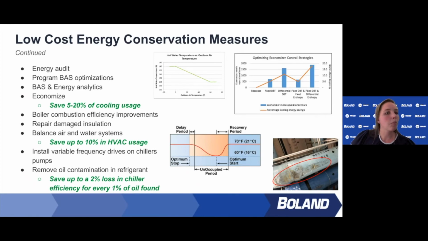I noted here program BAS optimizations. There's a list of optimizations. It depends on your system, of course, so all of them might not apply, but we look at optimum start-stop, condenser water reset, chilled water reset based on the outdoor temperature, hot water reset, supply air temperature reset, also based on the outdoor air temperature.